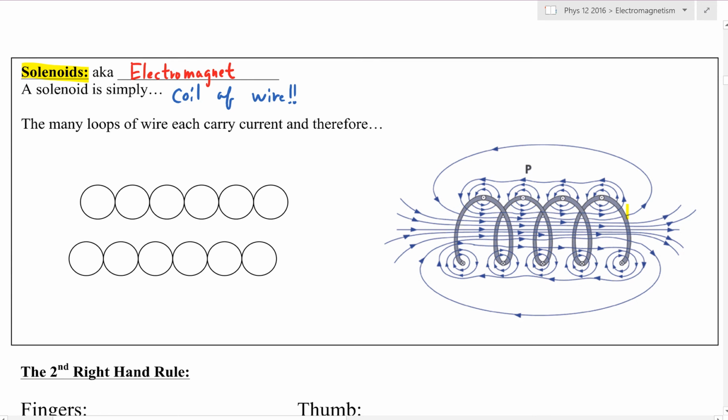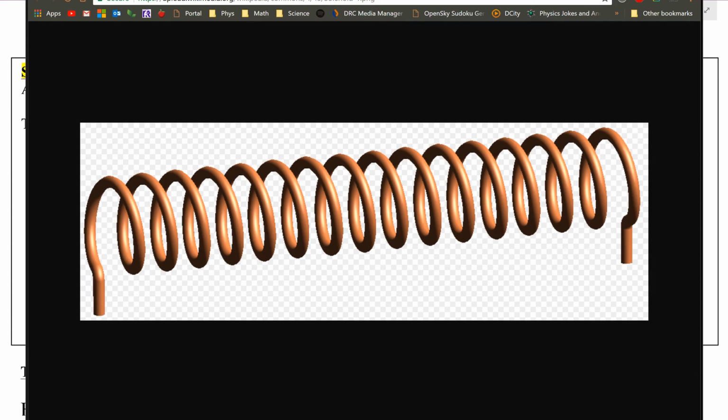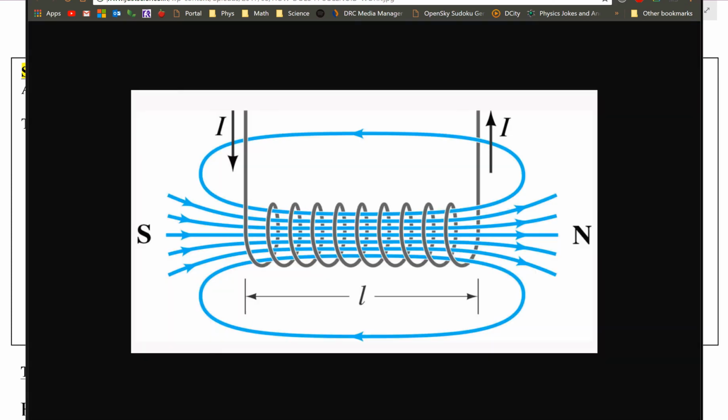So for now, just take my word for it. I think I have a picture of that. So there we go, a solenoid. If you hook up the solenoid to a power source, it will behave like a magnet. If you cut the power source, the magnetic field will die.